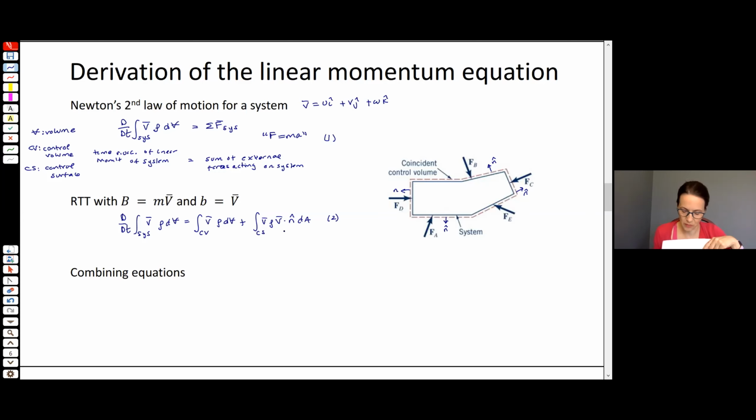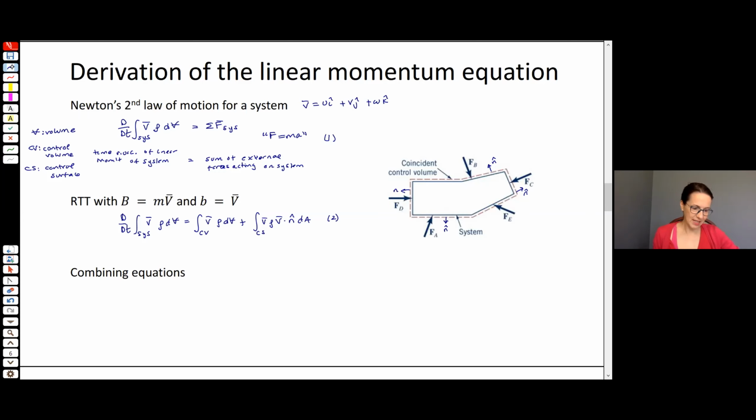So at this entrance section here, if you imagine this force labeled FD was a velocity vector, we'd get a negative velocity term from dotting these two vectors, the unit normal and the velocity vector. If they were pointing in the same direction, we'd get a positive term. So that's going to come up all the time in these types of questions.